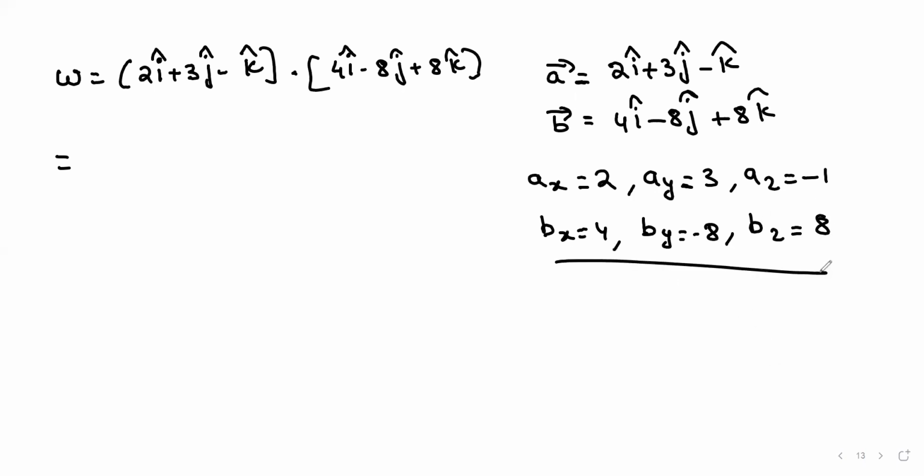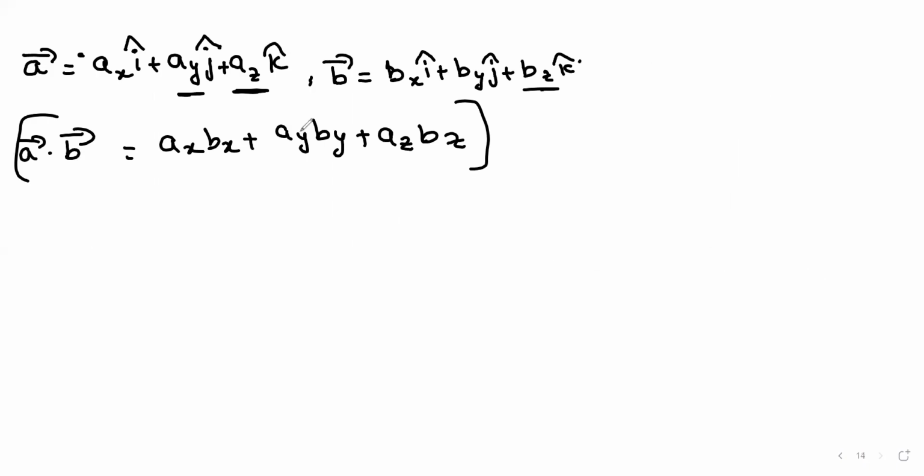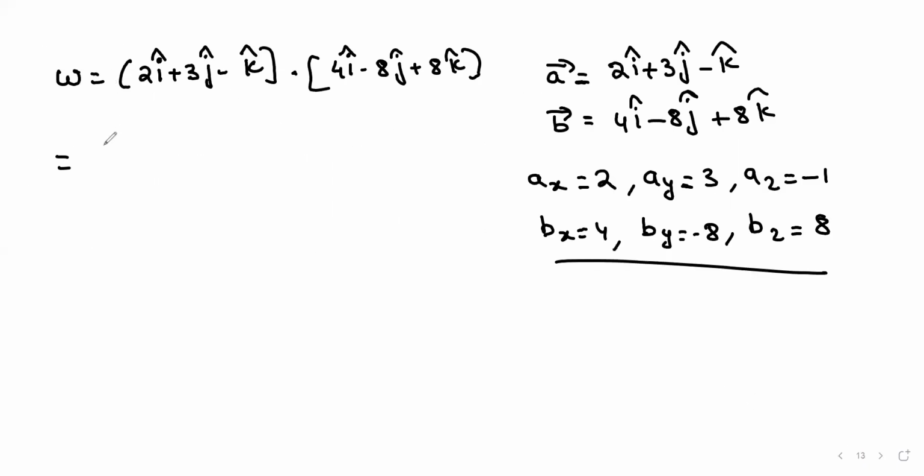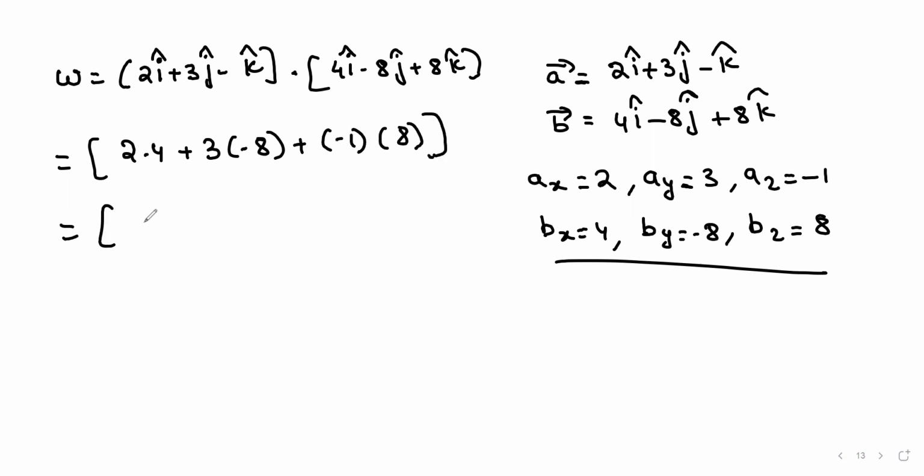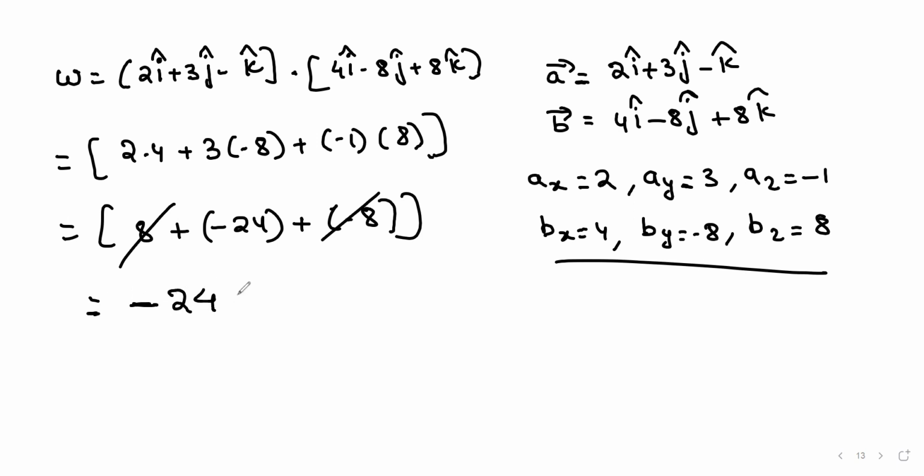If you substitute this in this formula, we get 2 into 4 plus 3 into minus 8 plus minus 1 into 8. So 2 into 4 is 8, 3 into minus 8 is minus 24, then minus 1 into 8 is minus 8. So 8 and minus 8 cancel. We get our final answer as minus 24 joule.